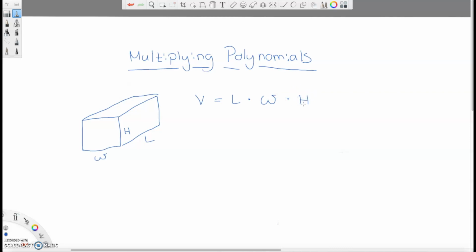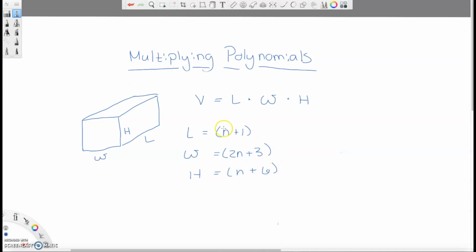Now, we're going to kill two birds with one stone here. We're going to think about this because we're multiplying three things together. How's that going to work? To start with, let's define what L, W, and H are. You will be given this in the problem. So let's say L is equal to n plus 1, W is equal to 2n plus 3, and H is equal to n plus 6.